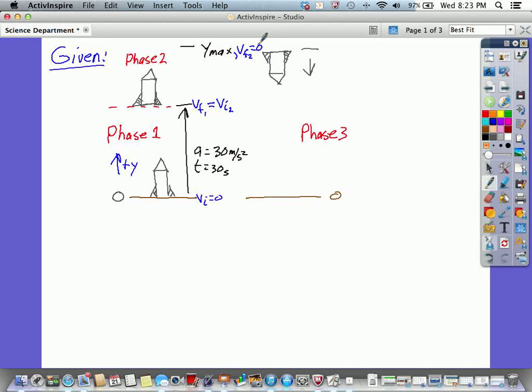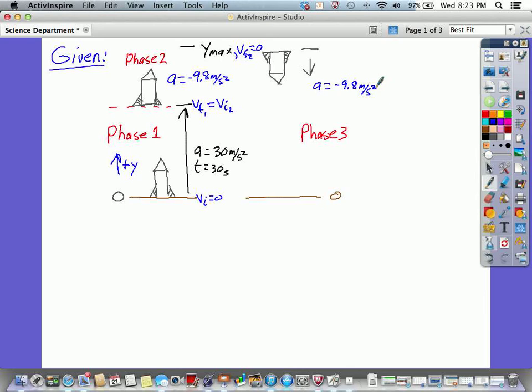And we can come over here, and I'm sorry, during phase 2, its acceleration is due to gravity, minus 9.8 meters per second squared. As it is in phase 3, acceleration is minus 9.8 meters per second squared. Because at both of those points, it's subjected to free fall.